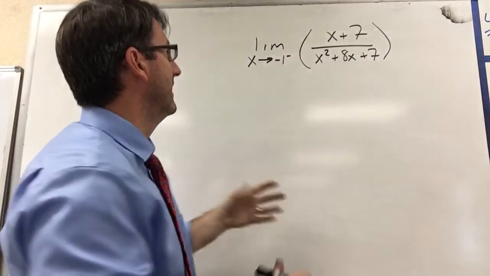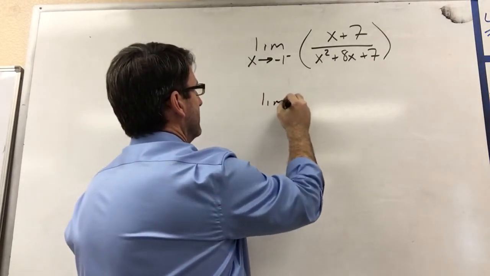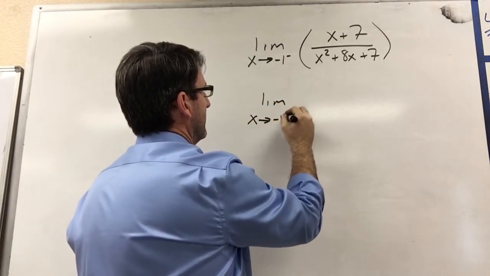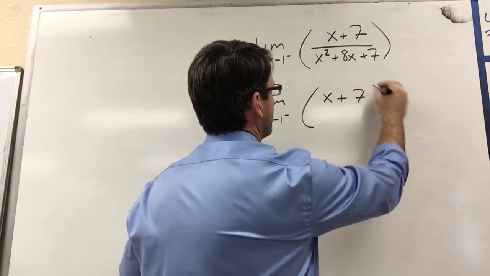So let's see if we can simplify this. It's the limit as x approaches -1 from the left of x + 7, and on the bottom let's factor that.